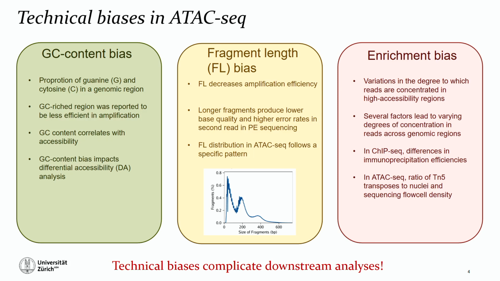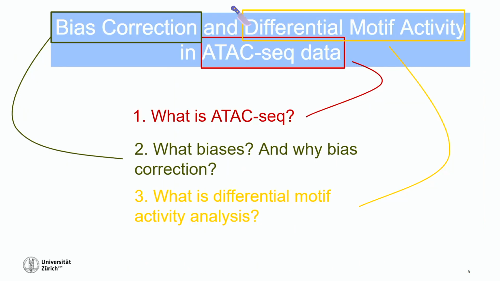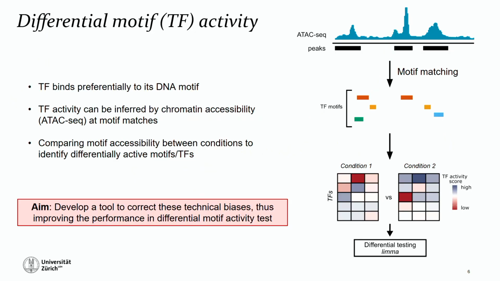And here we are focusing on the differential motif activity analysis. So what exactly is the differential motif activity analysis? Profiling transcription factor activity is important for understanding gene expression and the transcriptional regulation mechanism.